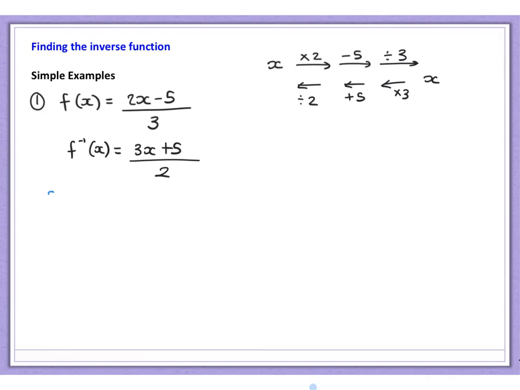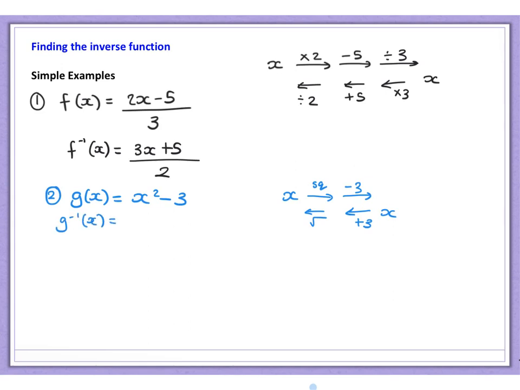Let's look at another simple example. This time we'll have g of x, which equals x squared minus 3. So we start with x, it's squared, we then subtract 3. To generate our inverse function, we reverse these steps, first adding 3 and then taking the square root. So g minus 1 of x is the square root of (x plus 3).